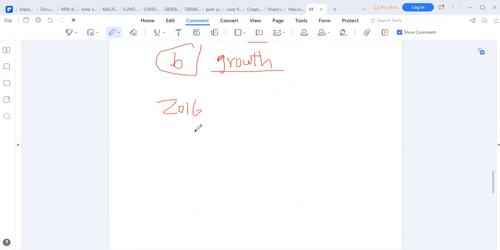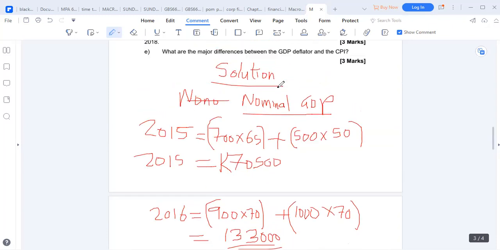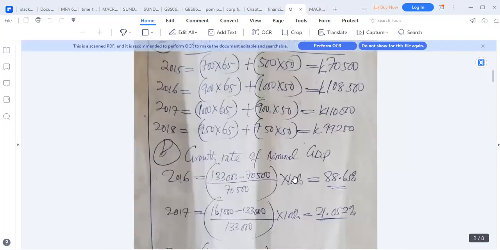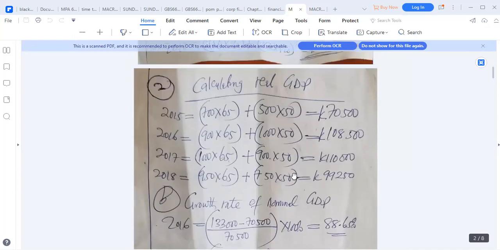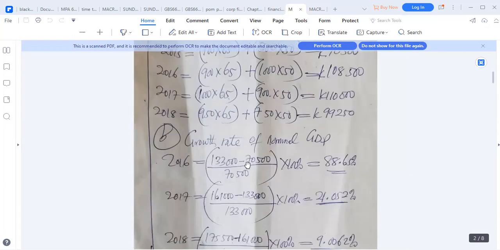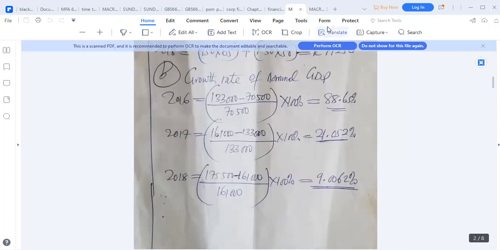So 2016 growth is equal to, we look at what is for 2016, 133 minus 70 over 70. So that is just about what we go for. This is on the GDP, but the growth depends on whatever we have been given.